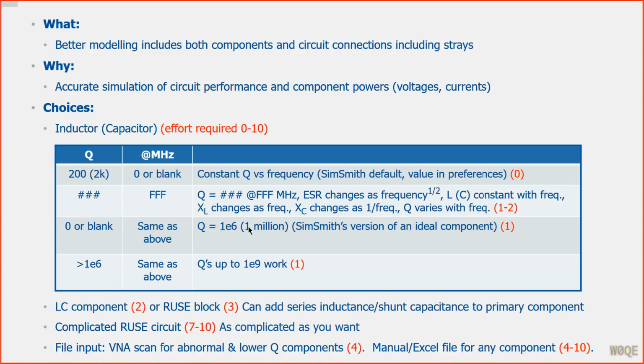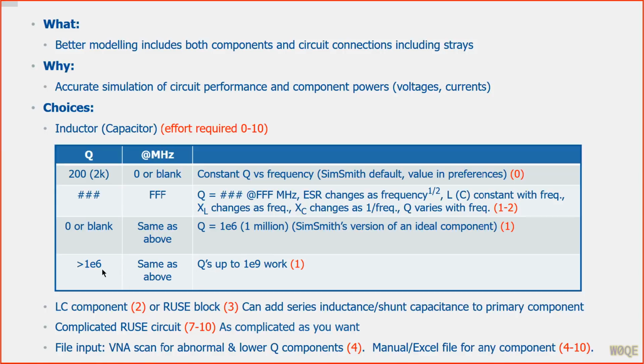But it's a Q of 1,000,000, and this is SimSmith's version of an ideal component. And why 1,000,000 was picked as a Q, I don't know, but it's an awfully high number, not representative of anything that's real. Again, using something like that is very low effort, and it has the advantage that if you want to compare something in the textbook to SimSmith, the textbook will generally be using ideal components.